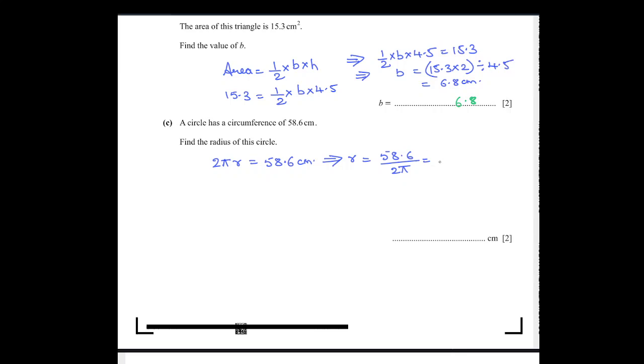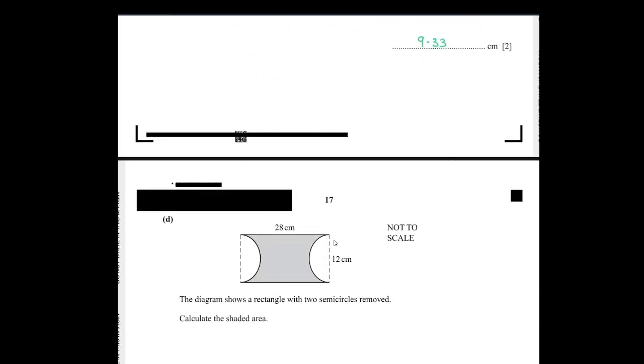So this is the value of r, 9.3264 centimeters. We don't need to find the area, we need to find only the radius. So round to 2 decimal places. 9.33 centimeters. This is done. Question number C.